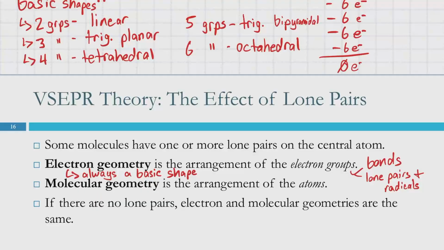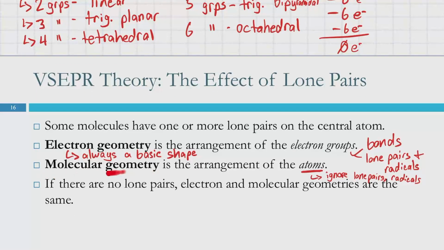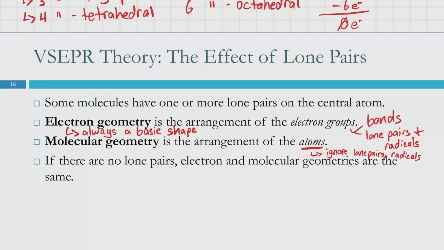Our molecular geometry is the arrangement of the atoms. So since it's just of the atoms, we want to ignore lone pairs and radicals. So we're only counting bonds for our molecular geometry. If we don't have any lone pairs, then our electron geometry and our molecular geometry will be the same.